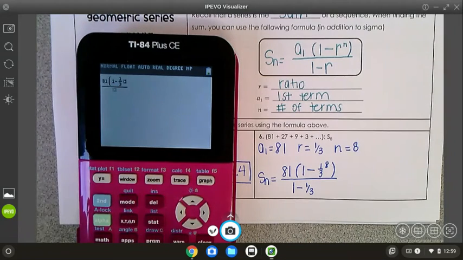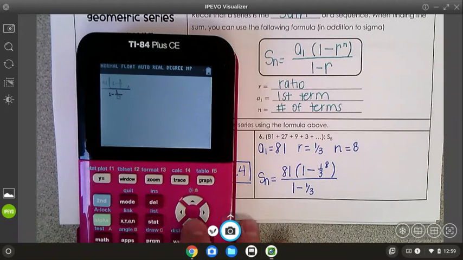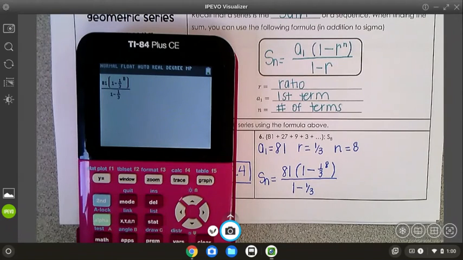Make sure it's out to the side. It'll look like that. So what you type in, you might want to double check to make sure what you're typing in matches what I've typed in.